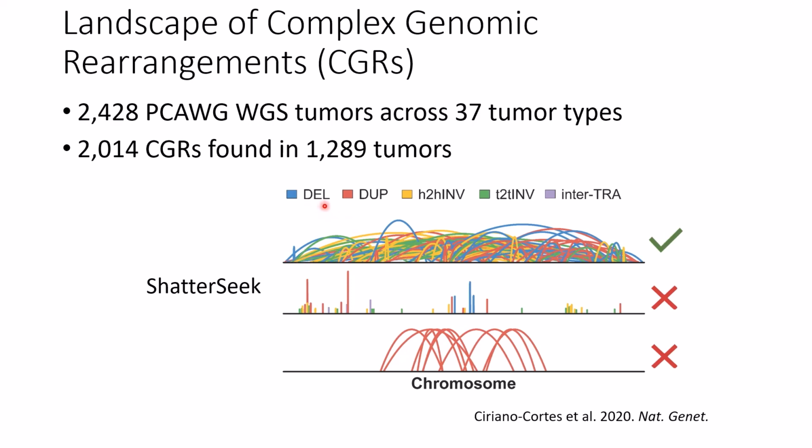And individual rearrangements, deletions, duplications, and inversions are equally represented, unlike the bottom two, which can be explained by individual SVs accumulating over time. So applying this algorithm to 2,400 whole genome sequencing tumors from 37 tumor types in the Pan-Cancer Analysis of Whole Genomes consortium, we detect about 2,000 complex rearrangements in about half of the tumors in this cohort.